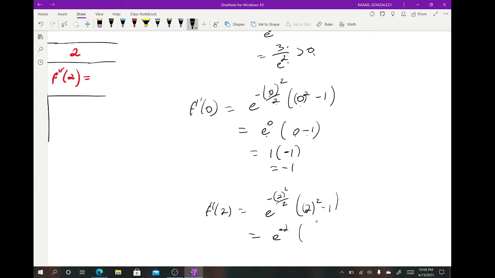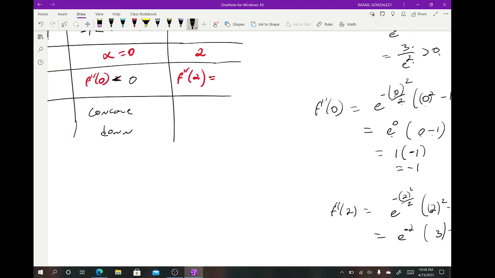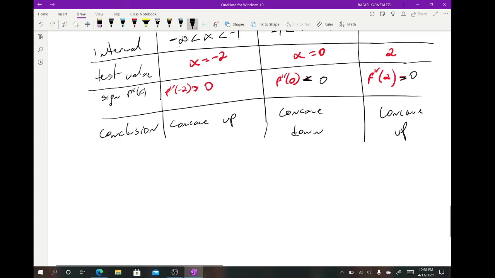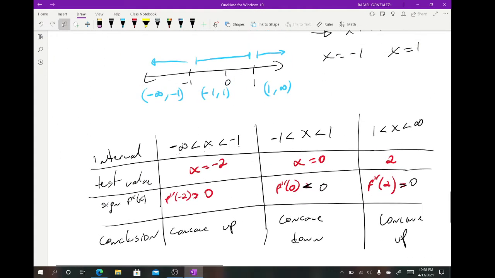Then 4 minus 1, again, is 3. So it's going to be the exact same value as before, 3 over e to the 2. But we know that this is positive from before. So this is a positive number, which means this is concave up. So the second derivative test tells us when the function is going to be concave up or concave down.